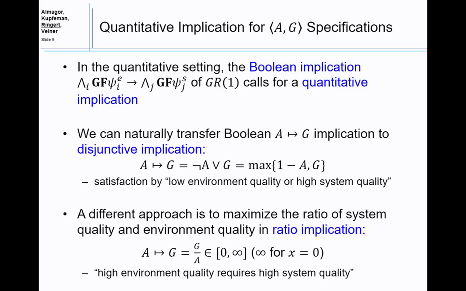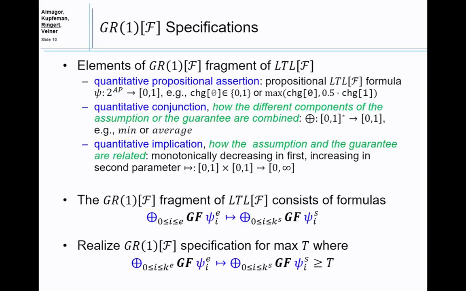But if we look at the ratio, we always have to match the value to get above some threshold. So high environment quality would also require high system quality, but lower environment quality would still require the system to match this. And this is already everything we need for the quantitative GR1F fragment.